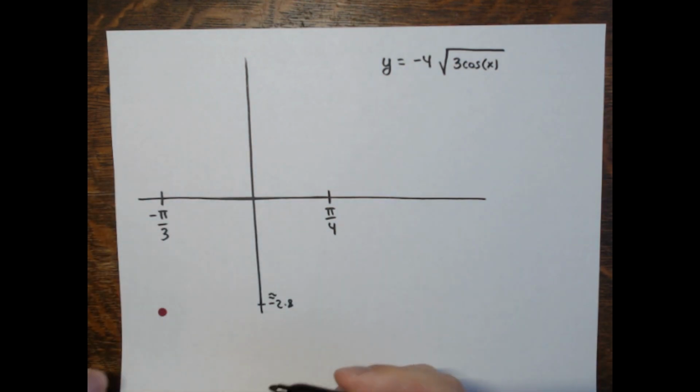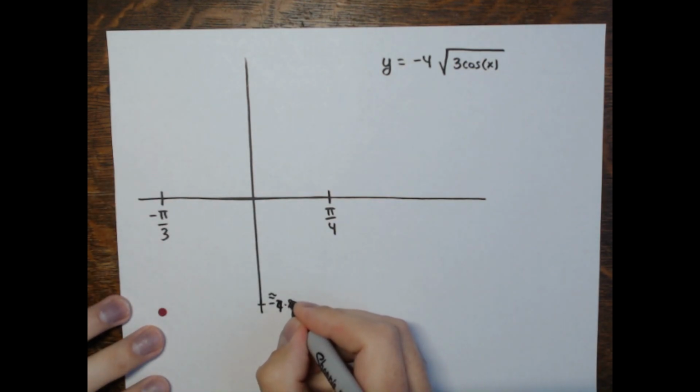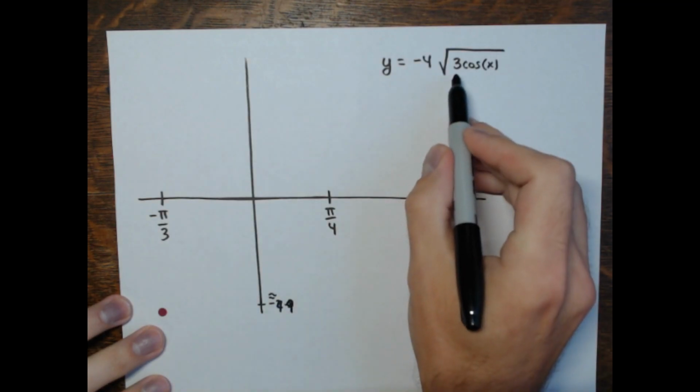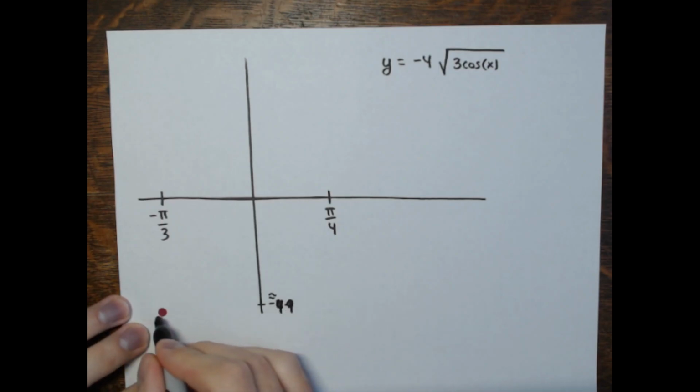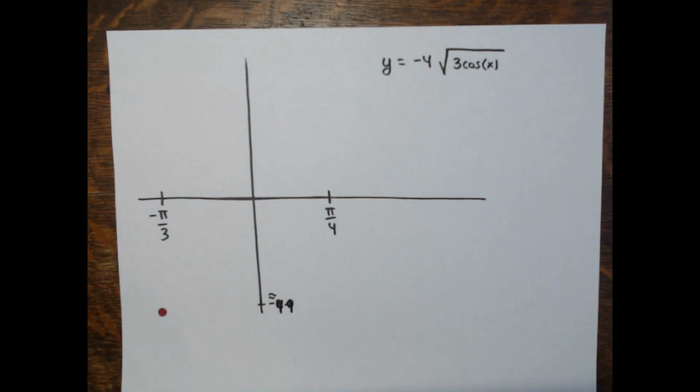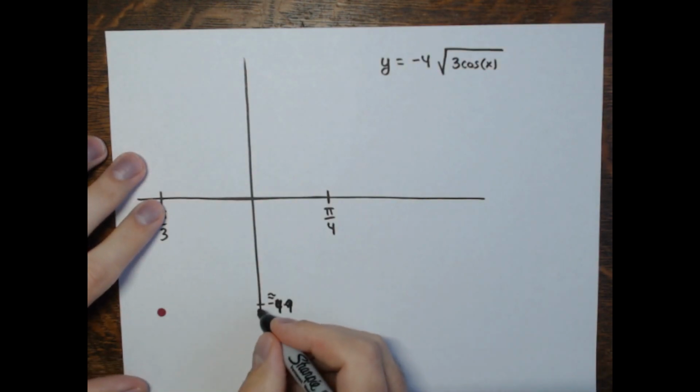So that should actually be about -4.9. Okay, sorry, I forgot this coefficient of 3. So that should be about -4.9 at -pi/3. Then at pi/4, about -5.8.